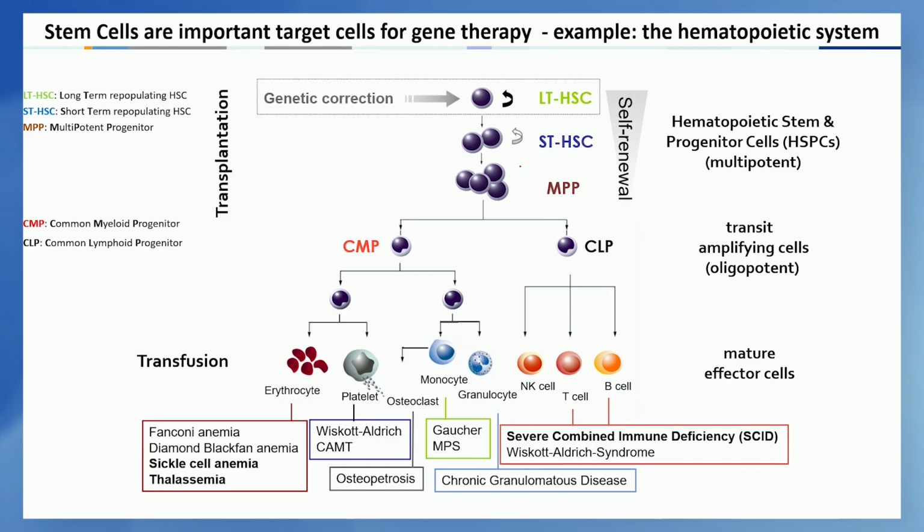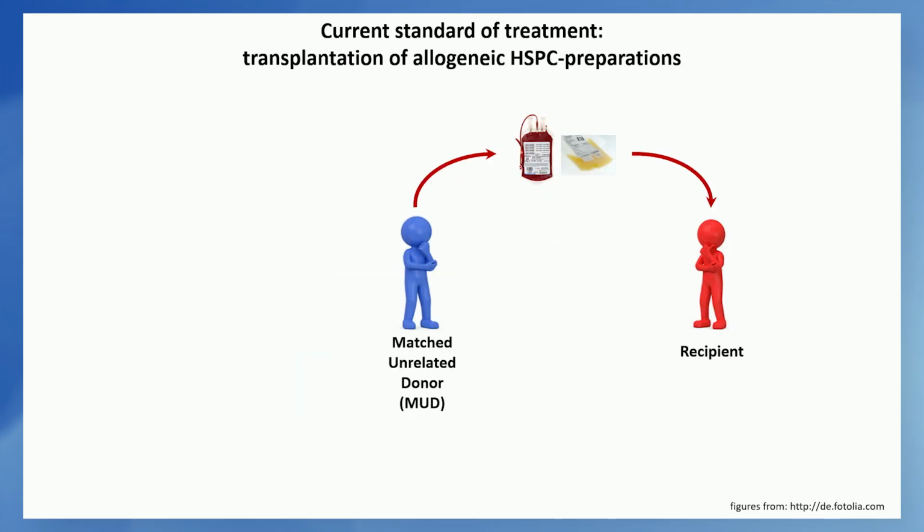So for that reason, genetic correction of the hematopoietic stem cell would lead to a correction of the disease, of the functional effector cells.